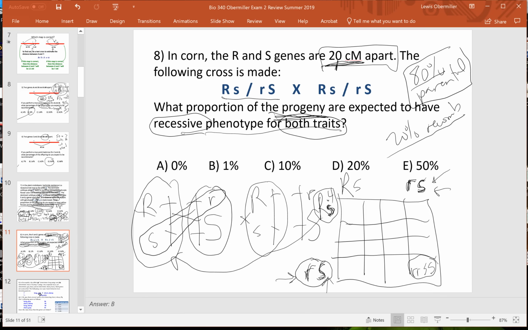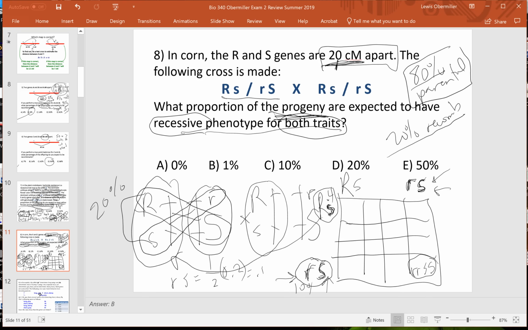Well, if making both of these together is 20%, then the probability of making little r, little s is 1/2 of 0.2, which is 0.1. So this gamete is going to be made only 10% of the time. And this gamete will be made 10% of the time.